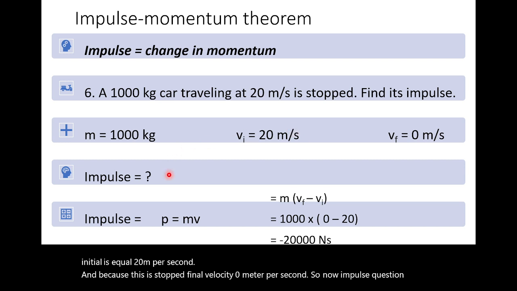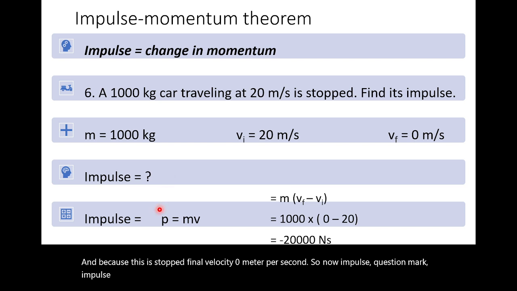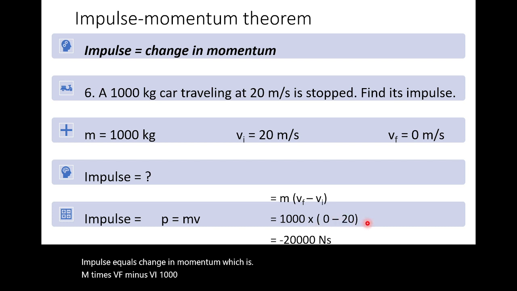Impulse equals change in momentum, which is m times vf minus vi: 1000 times 0 minus 20, which is minus 20000 Newton second.